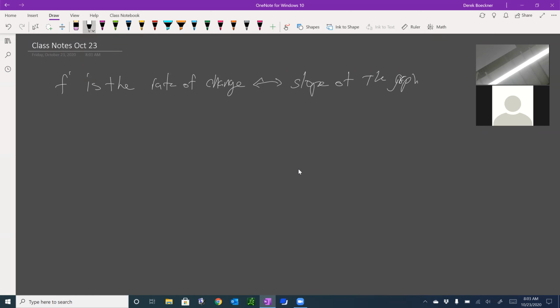F double prime is the rate of change of the rate of change, so it's associated to the change in the slope, which means it's associated to curvature.